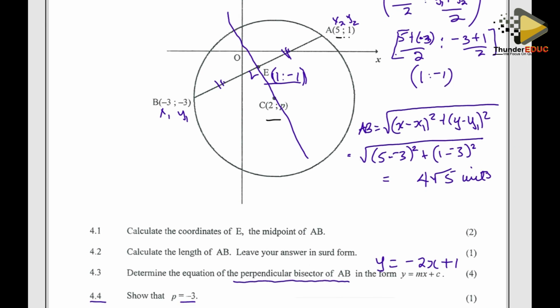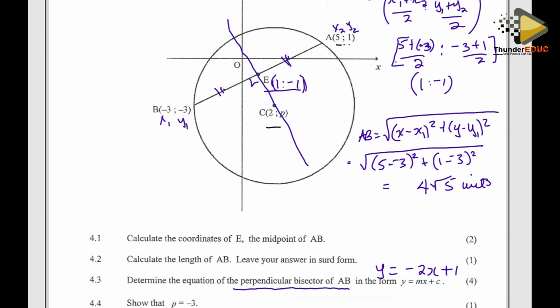P is -3. From theorem number 1 of Euclidean geometry, we know that if a line is perpendicular to a chord and bisects the chord, then that line must pass through the center. So I'm going to use this equation, y = -2x + 1.